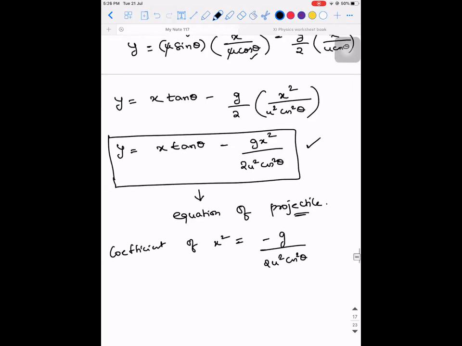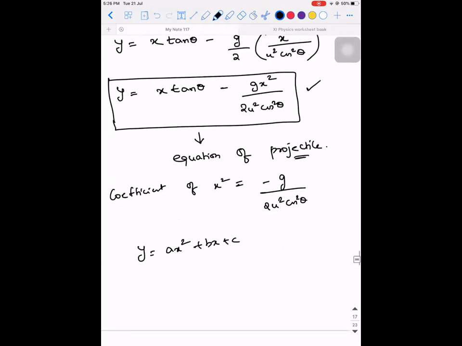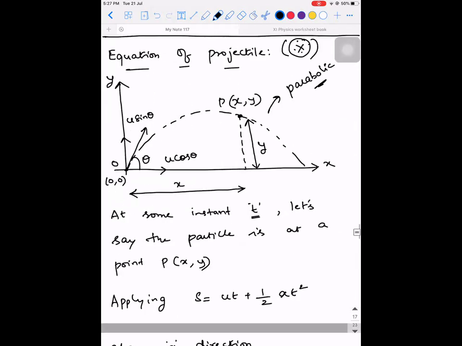So what did I say? When you have a polynomial, ax square plus bx plus c, if the coefficient of x square is less than 0, what parabola does it represent? A downward or an upward parabola? It's a downward parabola. That is why the particle is moving in a parabolic shape, a downward parabolic shape.